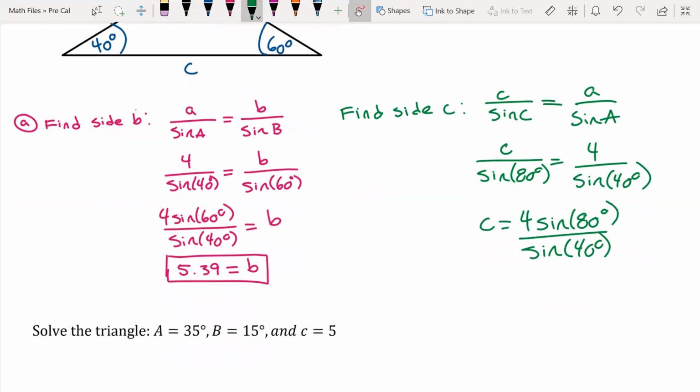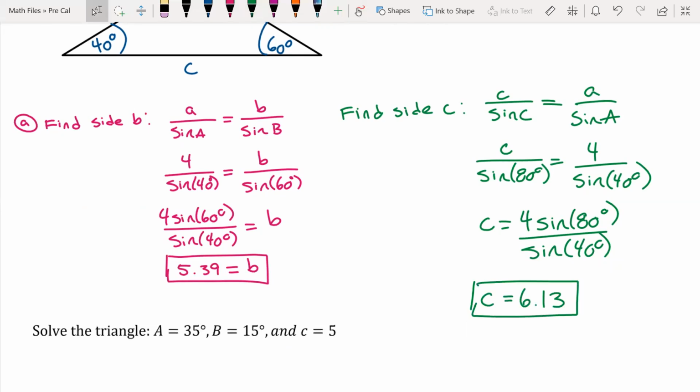And this will give us side C. So 4 sine 80 over the sine of 40, and we get that side C to 2 decimal places is 6.13.